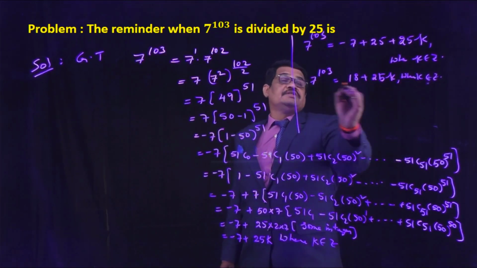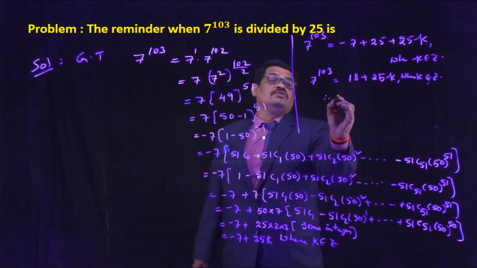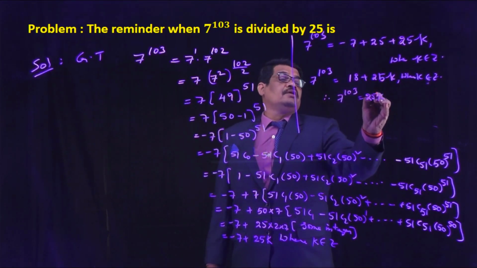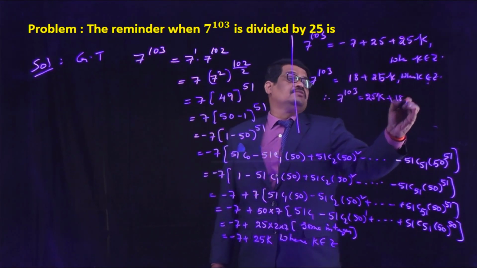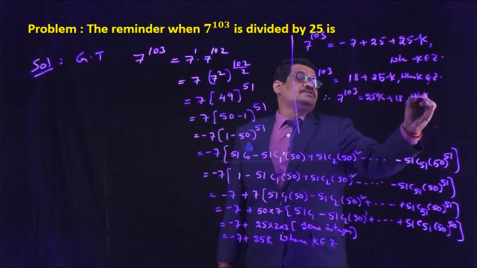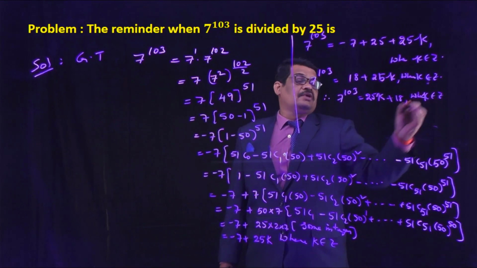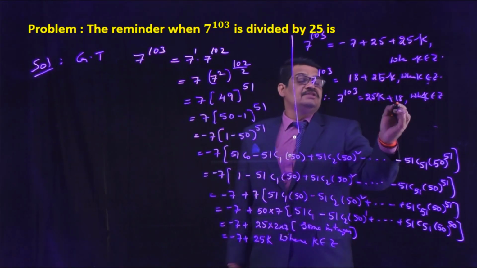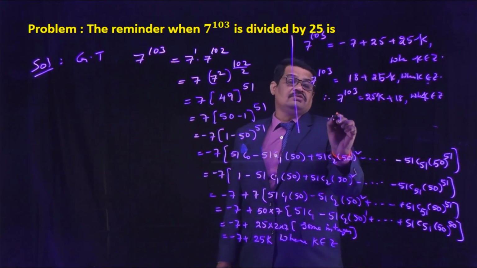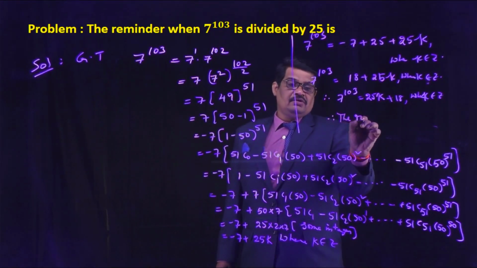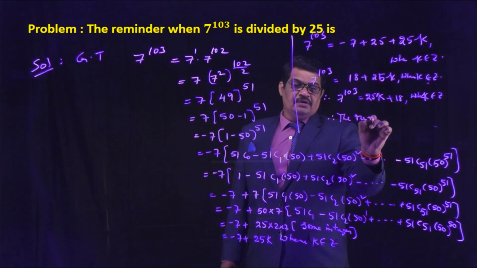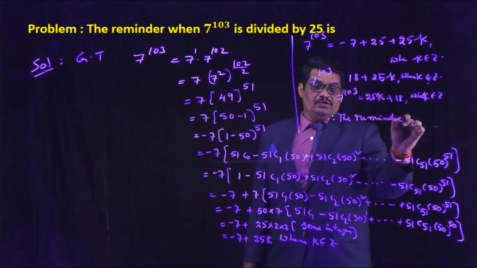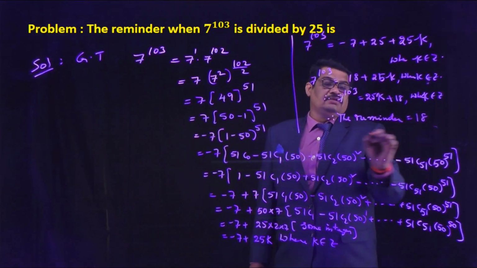Therefore 7 to the power of 103 is 25k plus 18, where k is some integer. Now what is the remainder here? 18 is the remainder. Therefore the remainder is equal to 18.